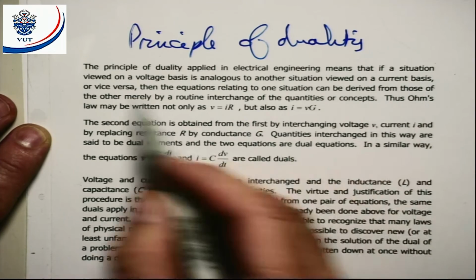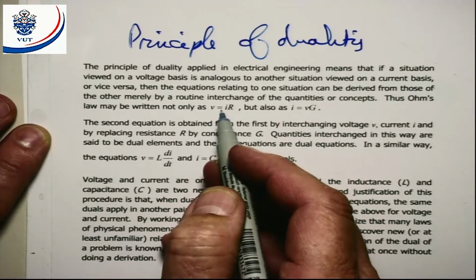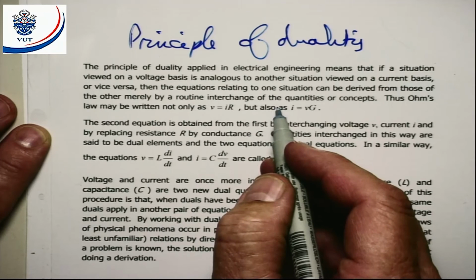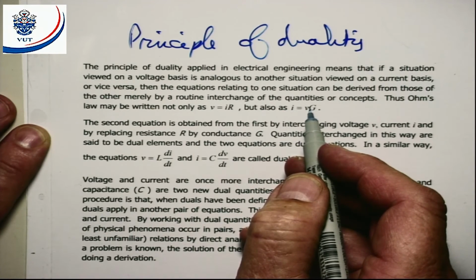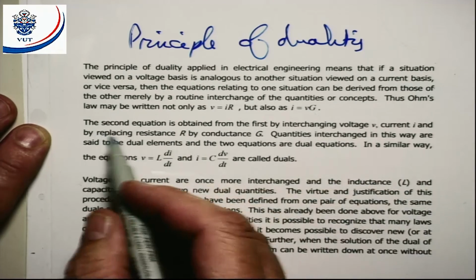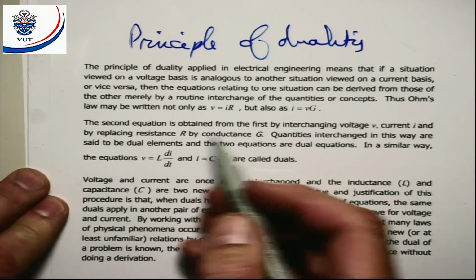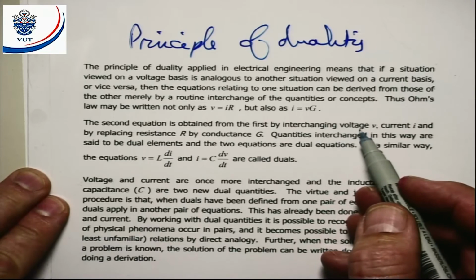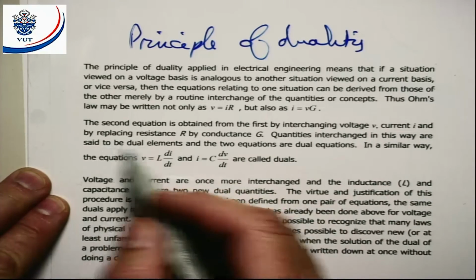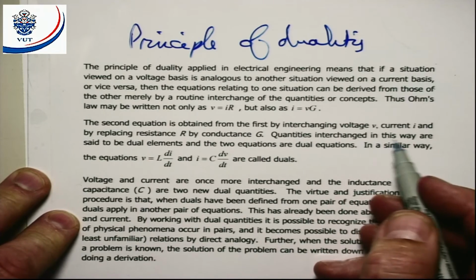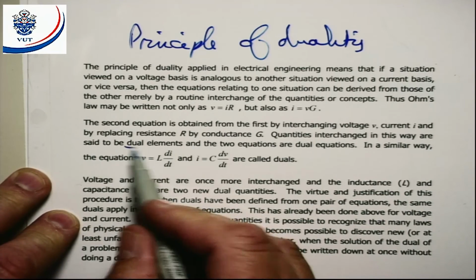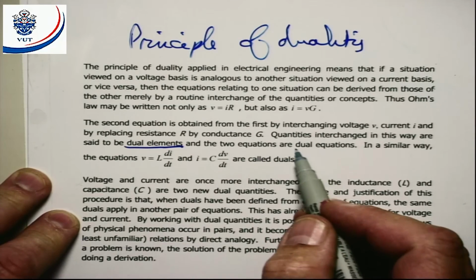Thus, Ohm's law may be written as V is equal to I times R, but it can also be written as I is equal to V times the conductance, G. The second equation is obtained from the first by interchanging voltage V and current I, and replacing the resistance by conductance G. Quantities interchanged in this way are said to be dual elements, and the two equations are dual equations.